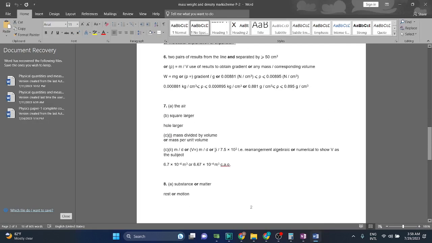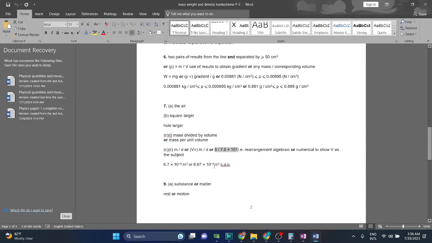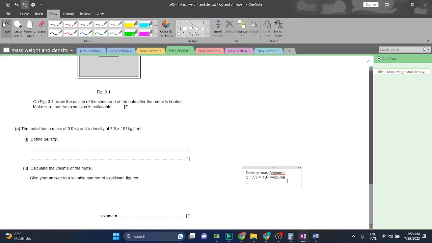If we just divide them, we'll get the volume of the object. This will be the volume. तो हम ये लिख लेते हैं इधर. And this is the volume.